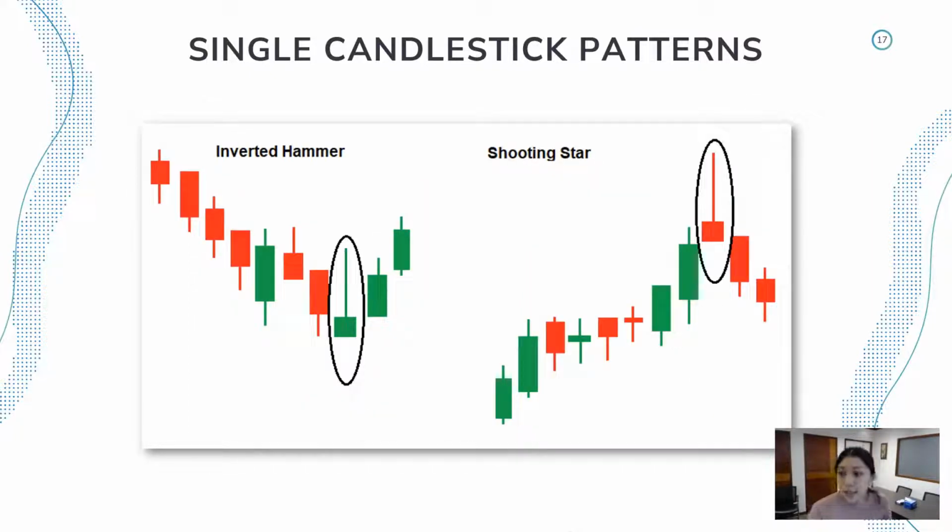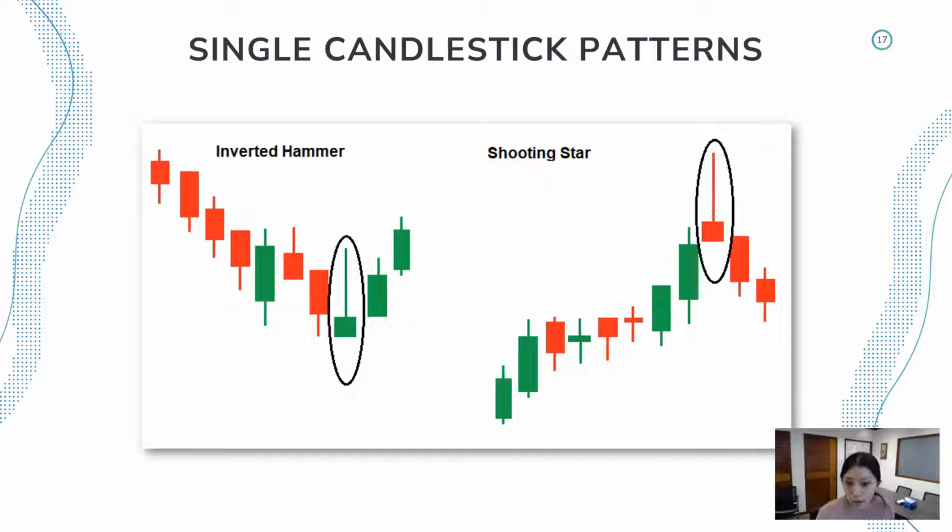Okay, next are the single candlestick patterns. We have the inverted hammer, where you can see that the longer wick is on top of the candlestick body, and the shooting star here. So how do you identify them? One is stronger and the other is weaker.